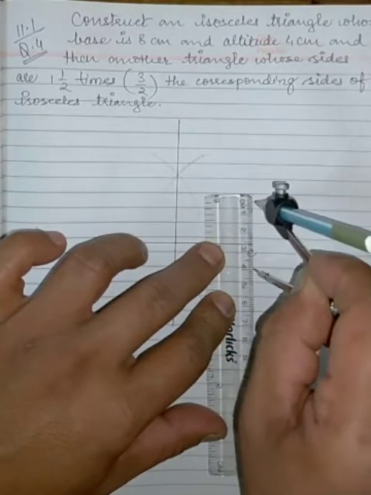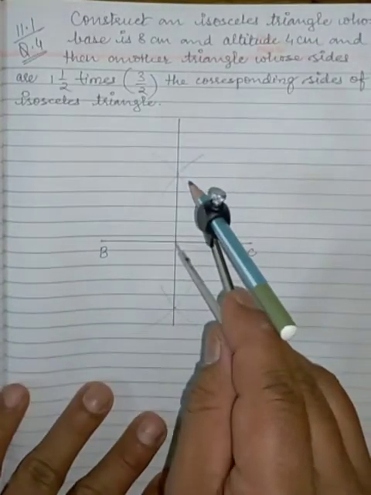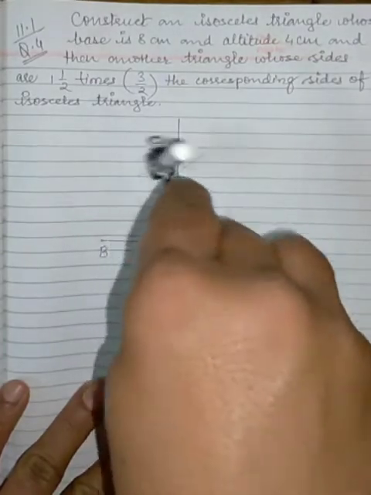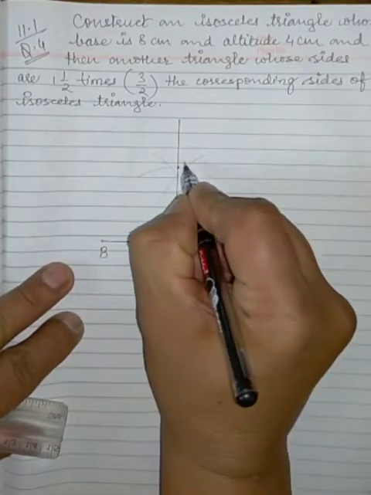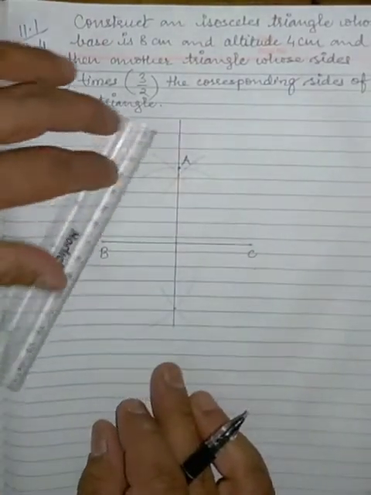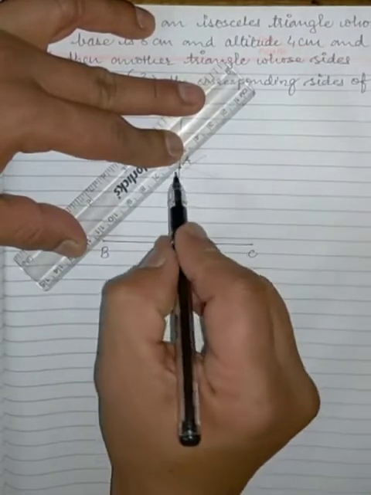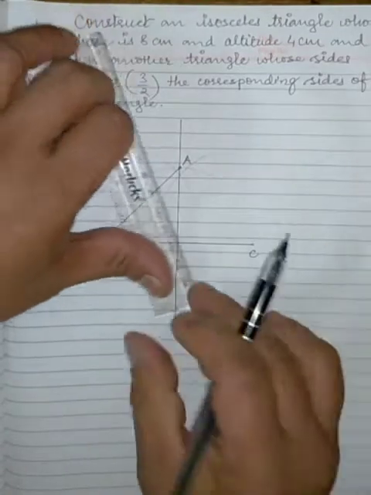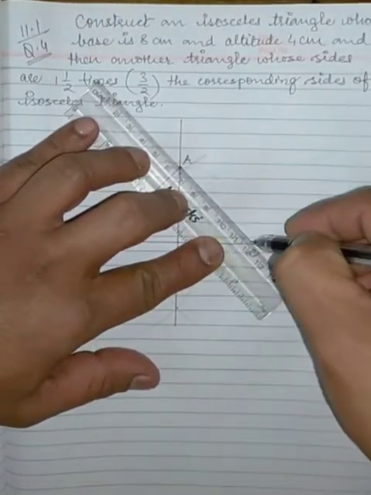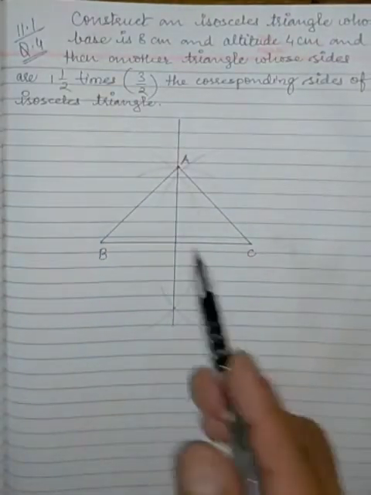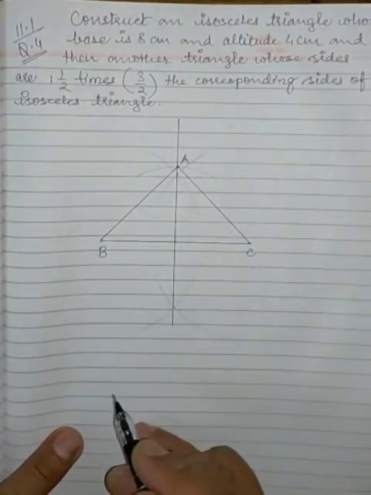Using scale and compass, you will draw an arc of 4 cm. This will be our point A. Let us join it with B and C.